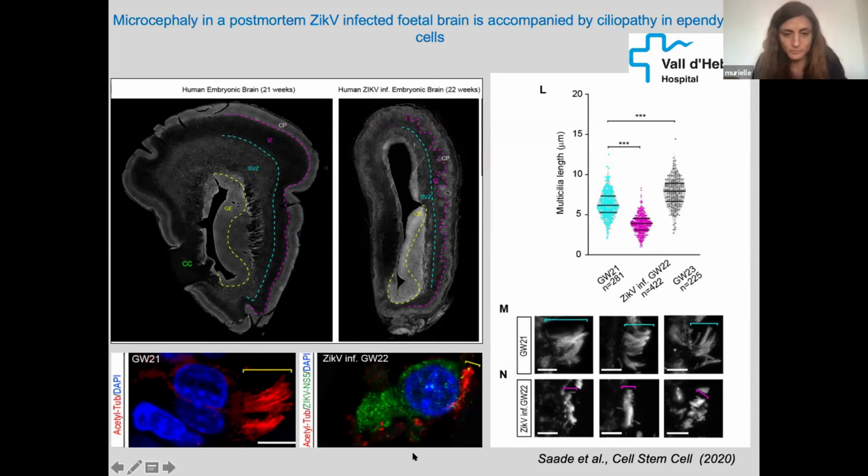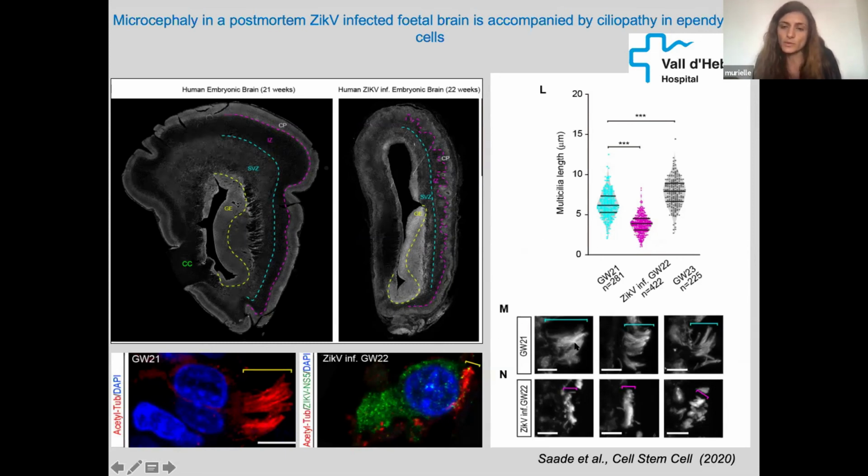So in the Zika infected brain, we saw that ependymal cells are highly infected, and we can see clearly that the length of the motile cilia is shorter. This is a quantification that has been done compared to two developmental stages of a normal human embryonic brain at 21 and 23 weeks of development.